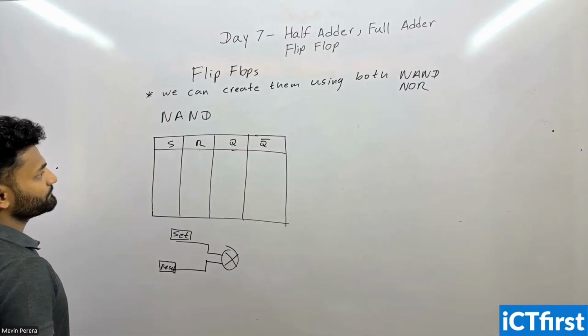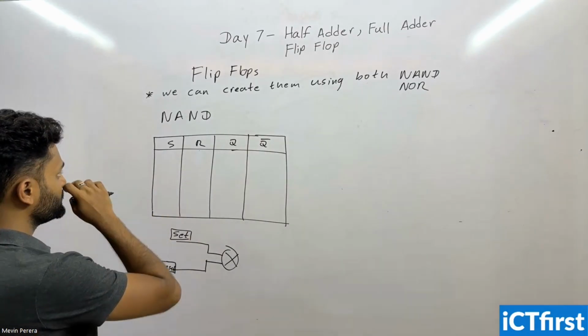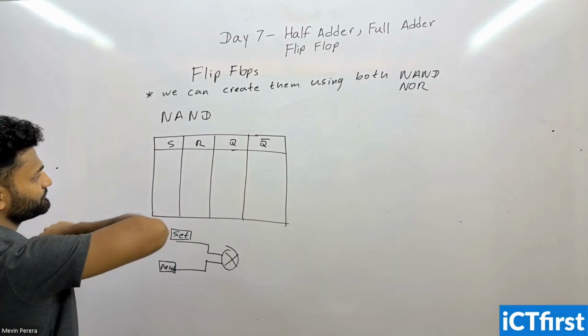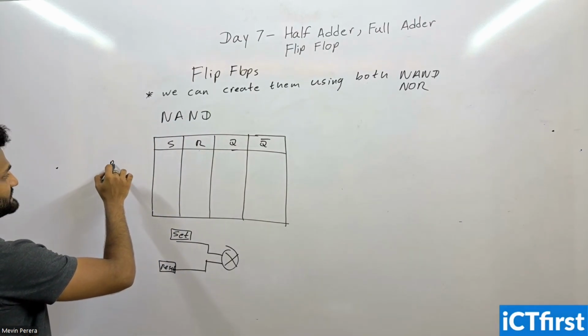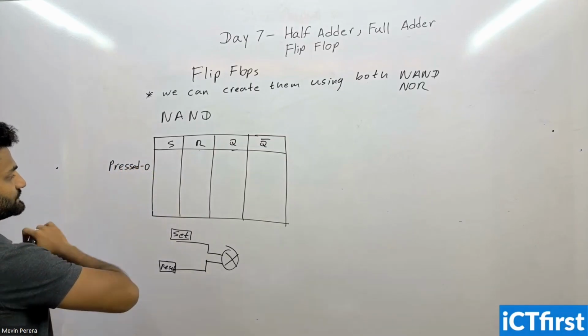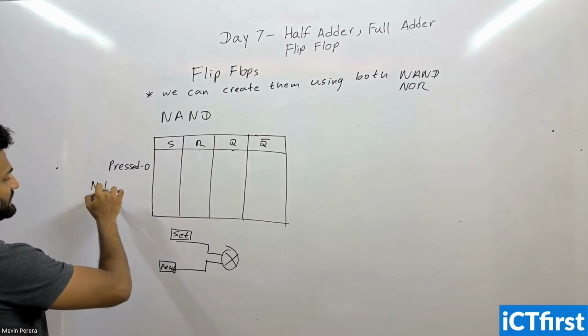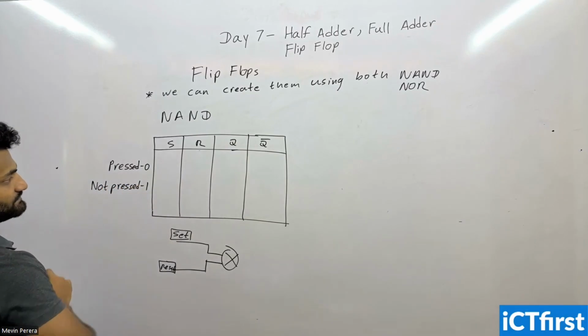All right, so in here, students, there is a bit of a difference. The difference is now pressed, let's consider it as 0. Not pressed, let's consider it as 1.